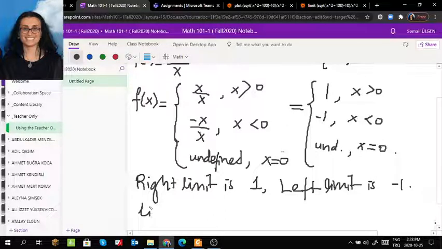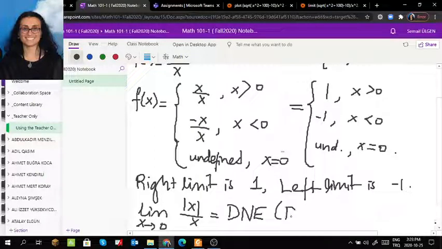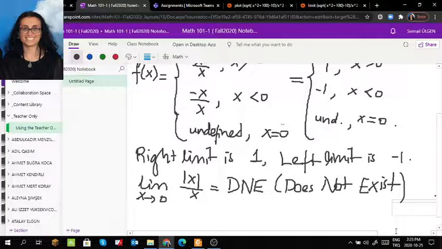Whenever the right limit and left limit don't agree, we are going to say the limit does not exist. This means does not exist. Okay? So that's the solution to this question.